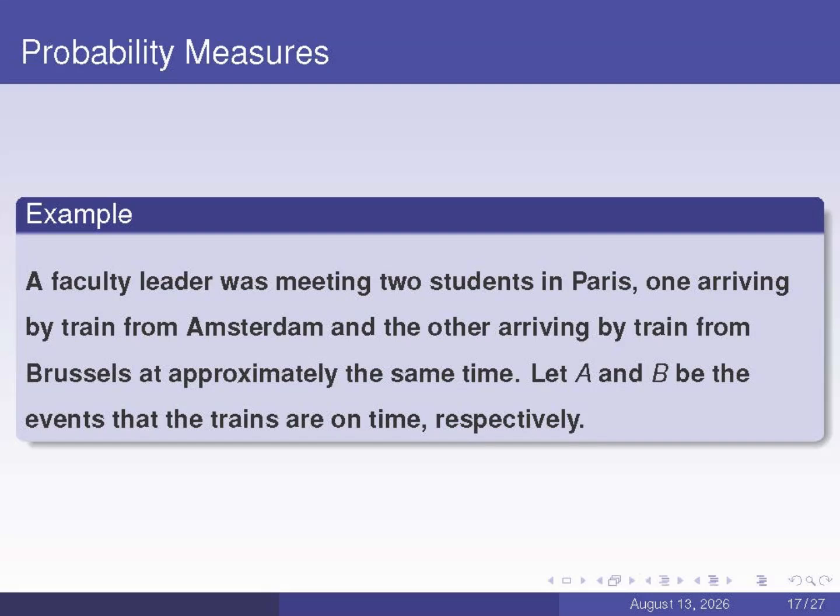A faculty leader meets two students in Paris, one arriving on a train from Amsterdam and the other on a train from Brussels, with both trains scheduled to arrive at approximately the same time. Let A and B denote the events that these two trains arrive on time, respectively.